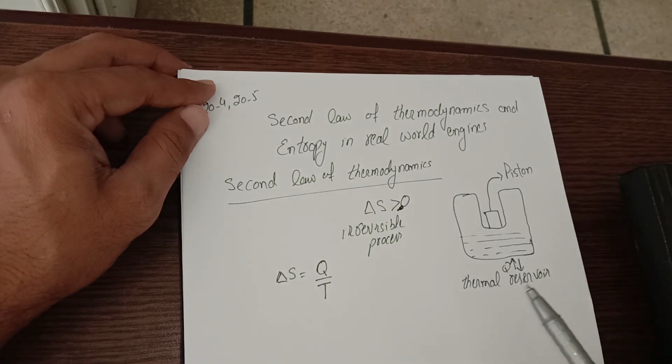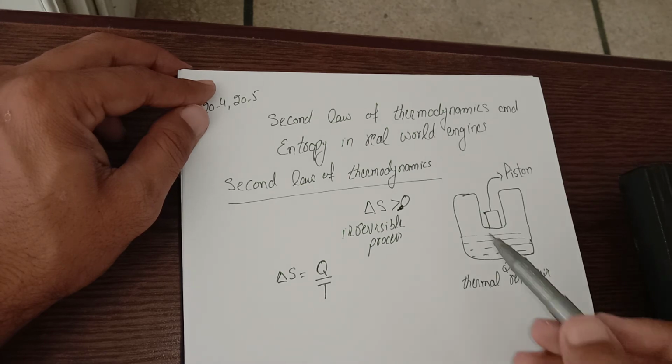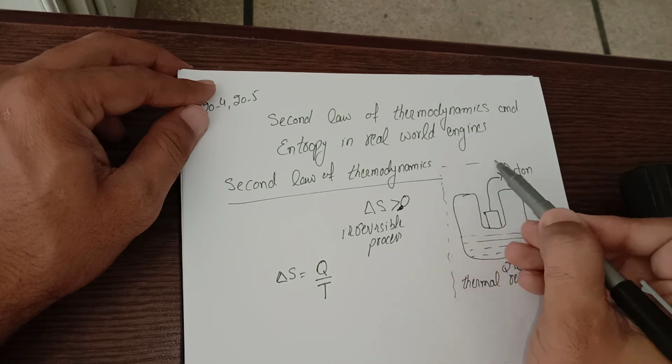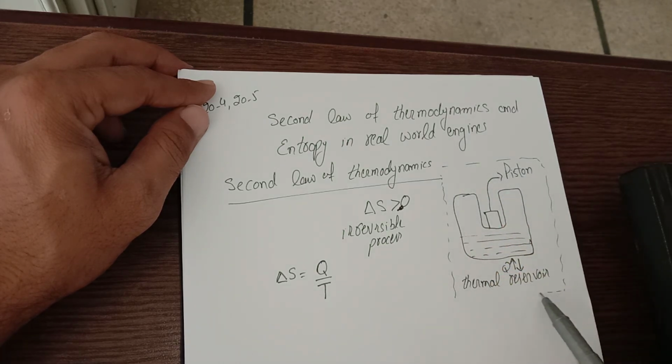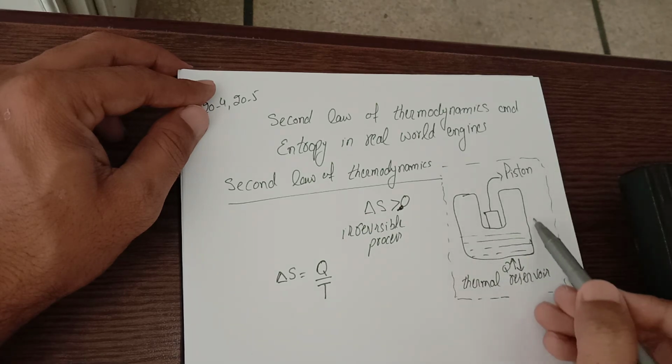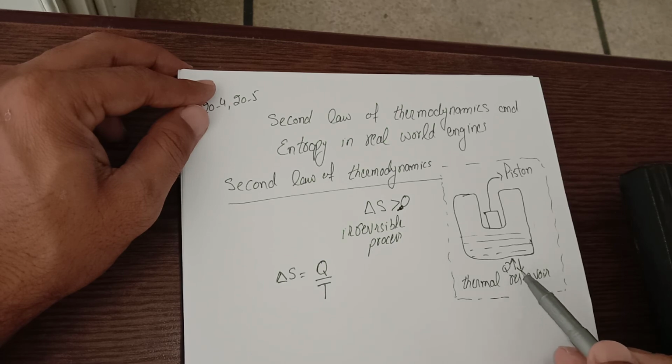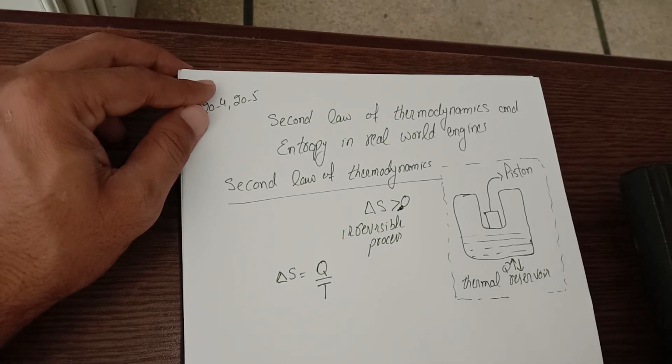Now, to clarify all these points, I am making this whole a closed system. Now, thermal reservoir has become a part of this closed system. Previously, thermal reservoir was not part of that closed system. Now, let's see what happens when heat is added or extracted from this system.